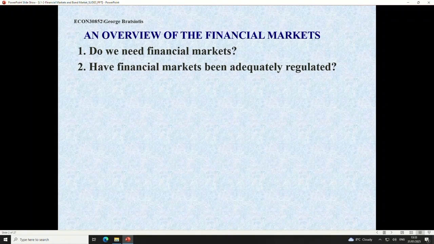The FSA was given more powers and more authority to regulate the banking system, but later became the Financial Conduct Authority, okay? And its main purpose was really to protect the consumers.